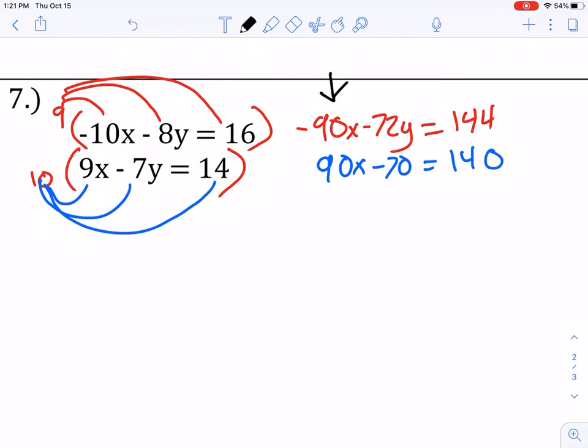So I'm going to combine these vertically. Again, if I goof on any of the actual math, the process is the same. Oh, I forgot to write my y in here. So signs are the same. We're going to add these up, and I'm going to get negative 142y equals, I'm adding these up, and this is going to be 284.